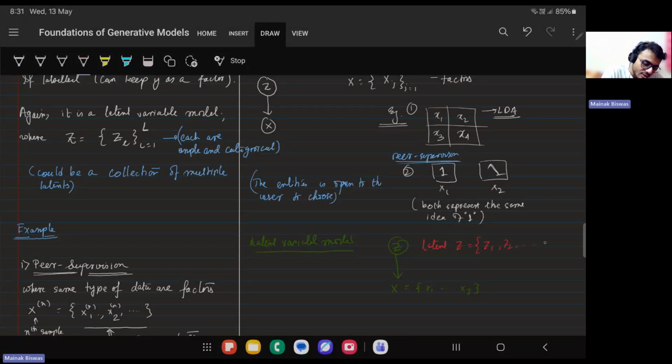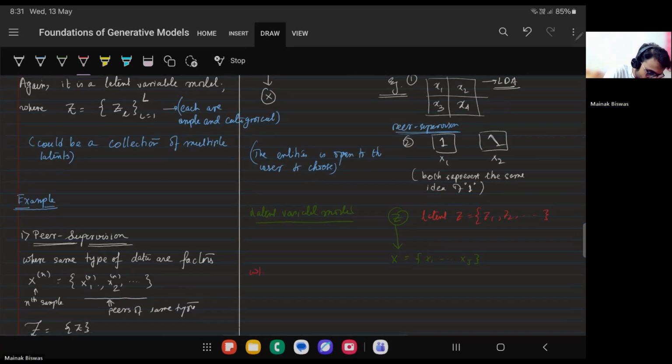It could be multiple latents, where each zi takes a value from 0, 1 to k, and is typically categorical.